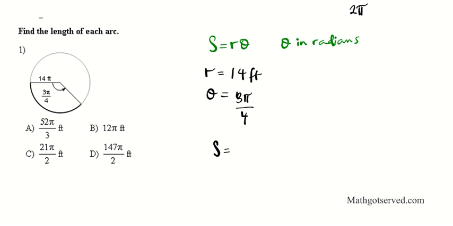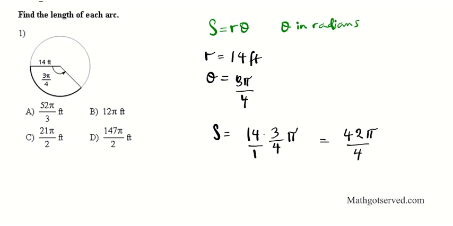It is, so we don't have a problem, all right? So the arc length is going to be r theta, which is 14 times 3 pi over 4. Put this over 1, we can multiply across. We're going to have 42 pi over 4. And 2 goes into both of them, divide by 2.